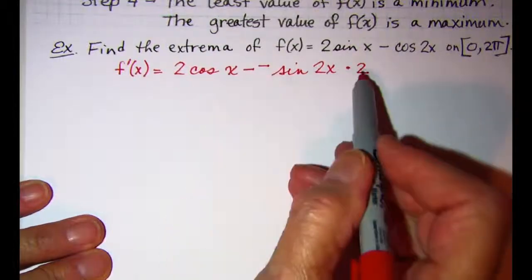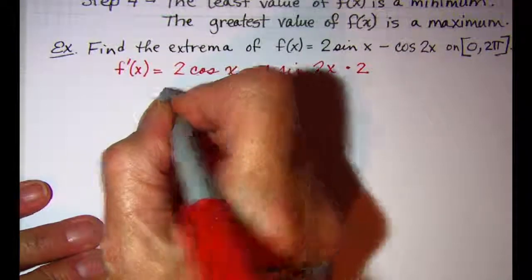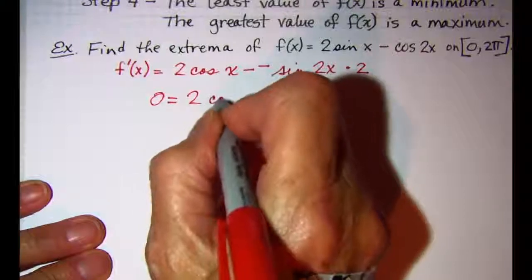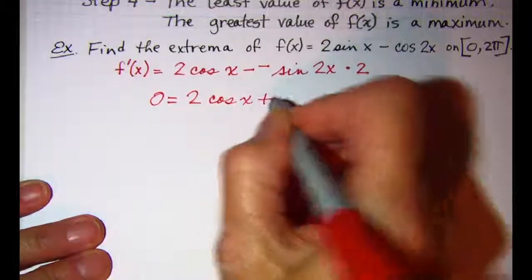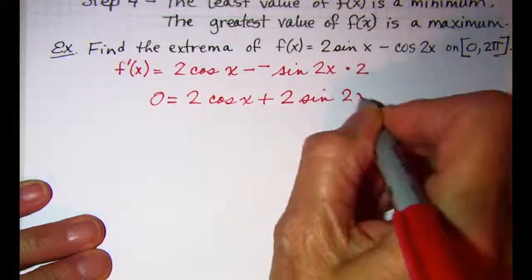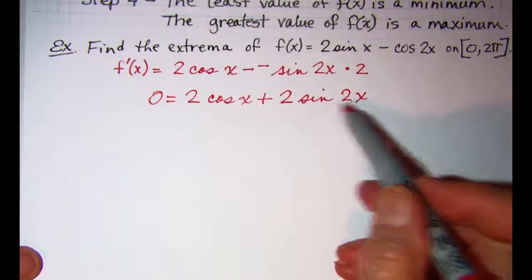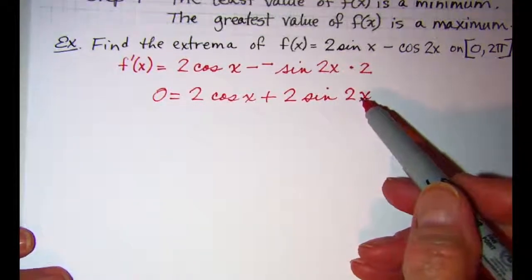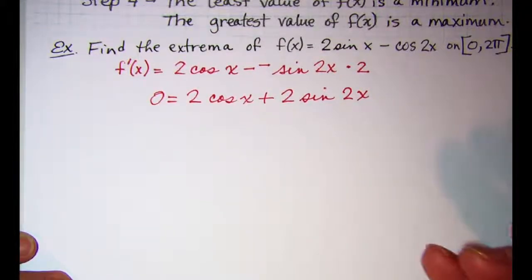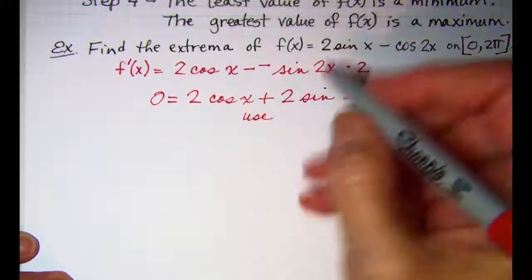So let's simplify this. We'll put this 2 out in front, and it's going to have to equal 0. So I have 0 equals 2 cosine x plus 2 sine 2x. Now what I'd like is to have this sine 2x in terms of just x as the argument, so I can use a trig identity.